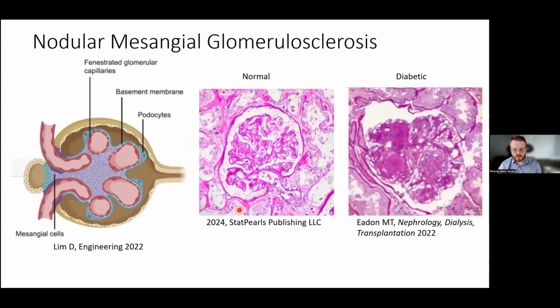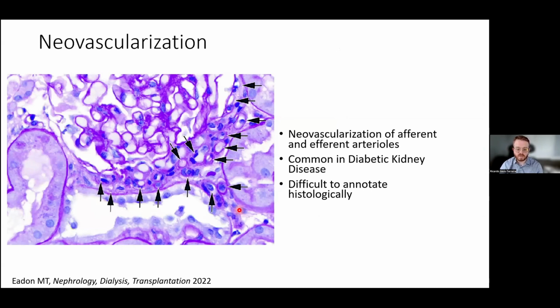And those are the two main pathological manifestations that I am going to talk about. One is the nodular mesangial glomerulosclerosis, where the mesangial cells expand and die, and we have the formation of fibrotic nodules. And also the process of neovascularization, where we have an increase of neovessels that come from the afferent and efferent arteriole.